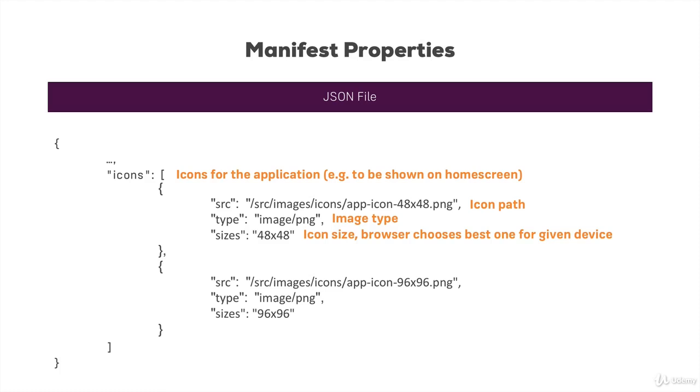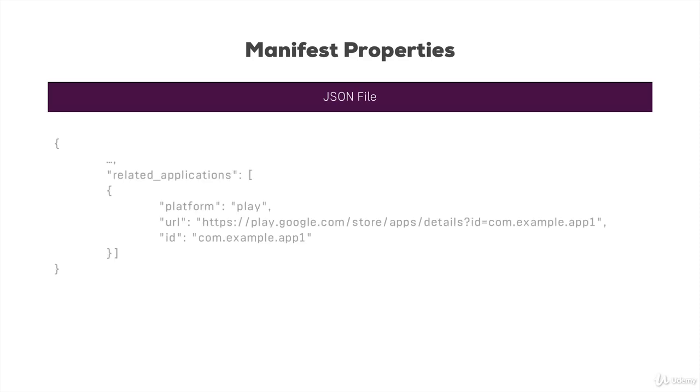And go all the way up to 512 by 512. And you will see this in the next lectures, to also support very big devices. And also, since the icon is displayed on the splash screen, make sure that the splash screen looks good on these devices too.